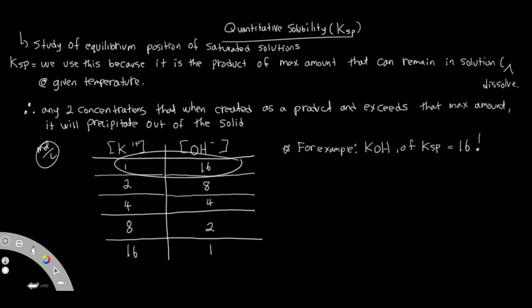As you can see, this is kind of a flipped arrangement of this one over here, and this one here is flipped over there. Okay, so what does this mean? What are these values that I'm trying to tell you here? These are the possible ion concentrations that can pretty much only exist for the concentrations of this cation over here, this potassium, and the concentration of this anion, this hydroxide over here.